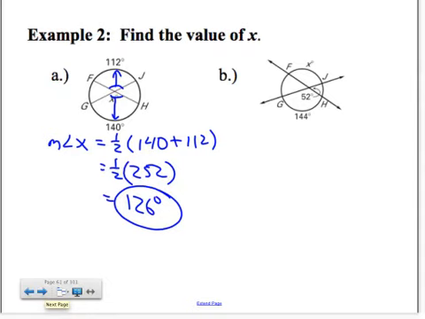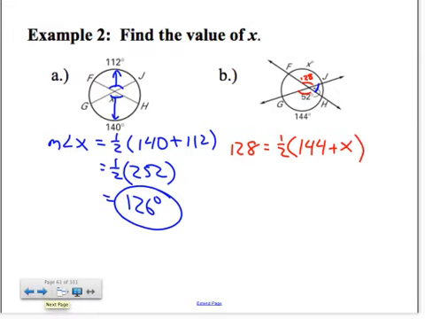In part B, it says find the value of x. This angle is 52, so then we can find this angle measure now. 180 minus 52 is 128. Now we know our angle measure, and I have to find an arc measure. The angle measure is equal to 1/2 times the sum of the two arcs.